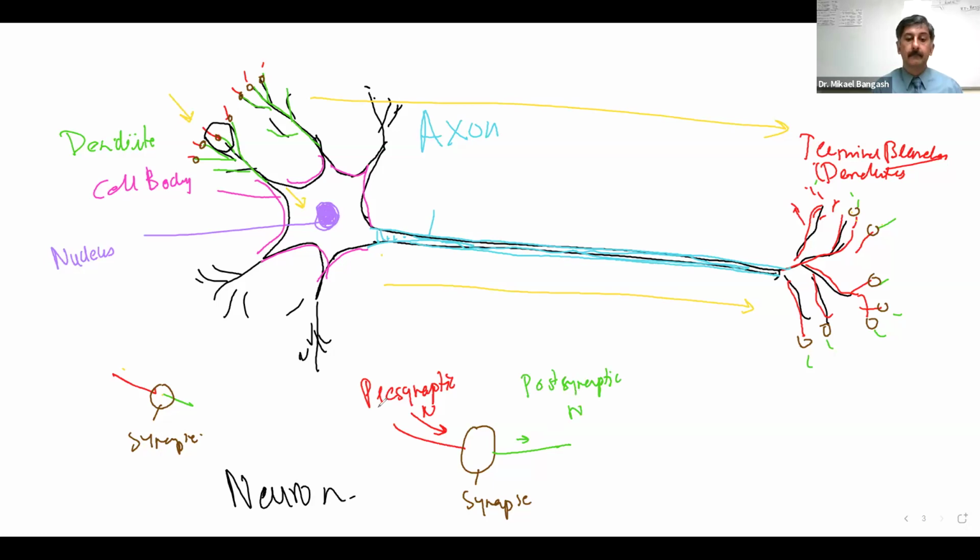So coming before the synapse, coming after the synapse. Because this was the way in which the signal was flowing. Did you guys get that?